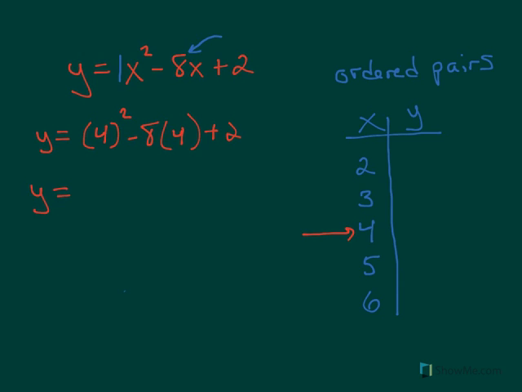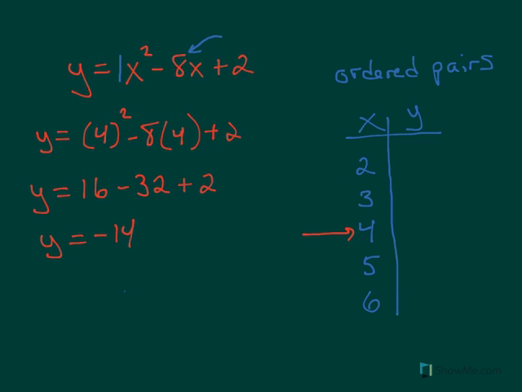So y equals 4 squared should get you 16. Negative 8 times 4 is a negative 32. And then plus 2. And if we do 16 minus 32 and then plus 2, that should get us a negative 14.